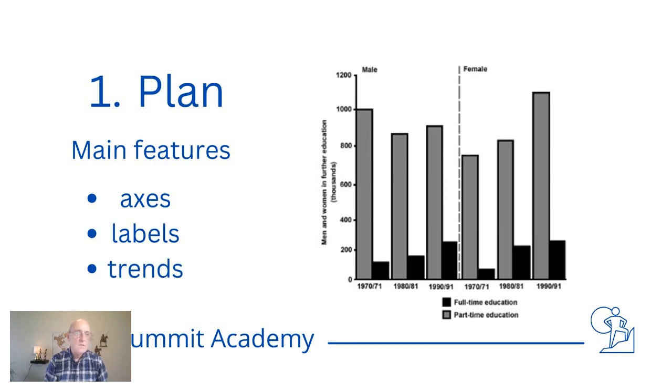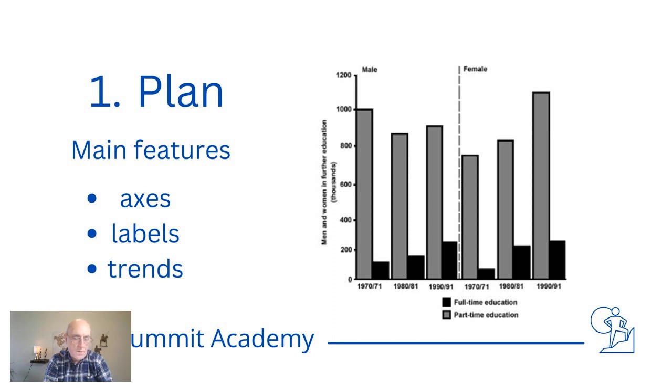Then I'm going to also look at some other labels that are on the diagram. So in this case, I want to be clear to see that this graph is divided into two sections, one for the men and one for the women, male and female.